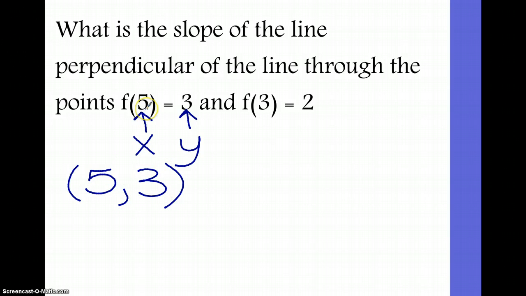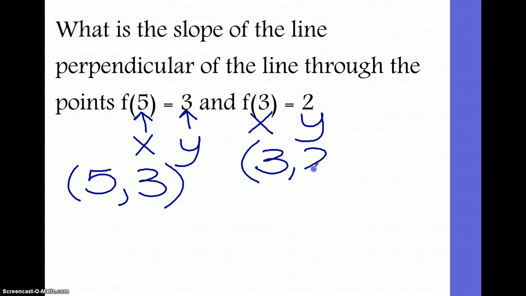The 5 is your x. The 3 is your y. So if you prefer to write it as 5 comma 3, that's just fine. Also, here we've got x, y, f(3) equals 2. So I can write that as 3 comma 2. There's x and y.